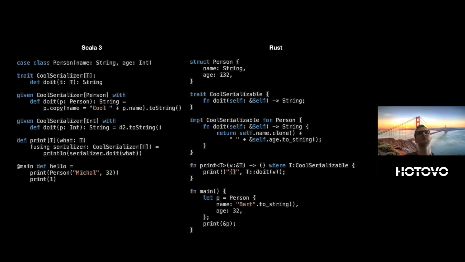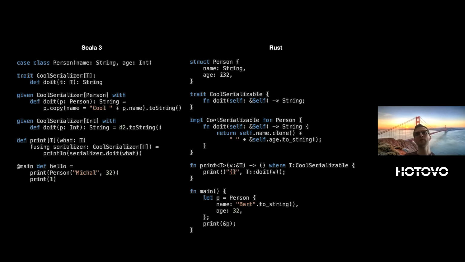But this time it's not like CoolSerializer, which takes in the object and returns a string, but it works on itself. So this is usable for serializers, but not for parsers, of course, because we would have to work on a string type to produce some type, not vice versa, not take any type and produce a string. So just a small difference here.